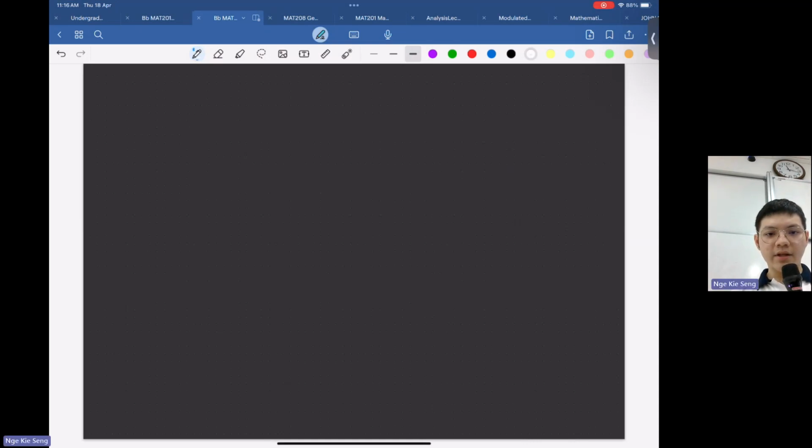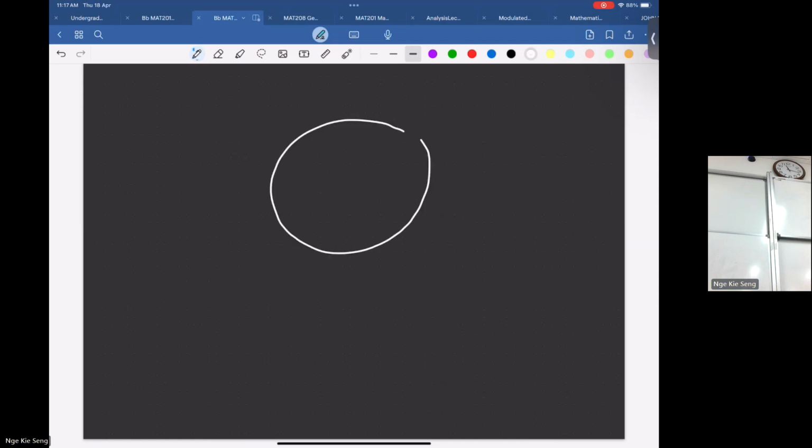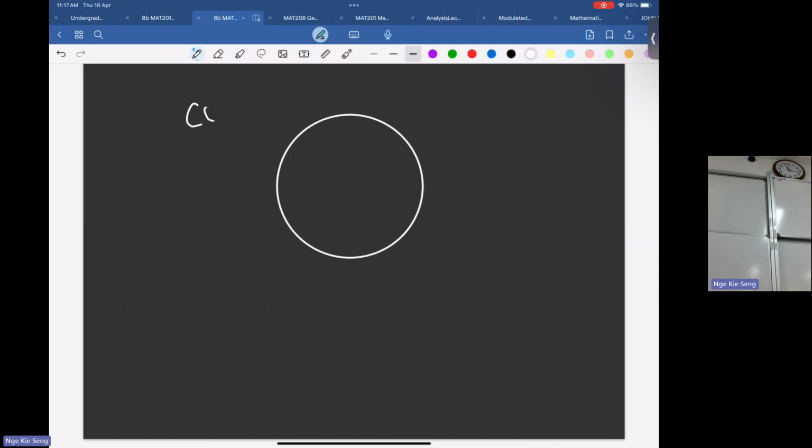The last thing we did yesterday was we introduced the concept of open ball in a metric space. So we have a metric space, a set with a metric on it, and then we introduce open ball.